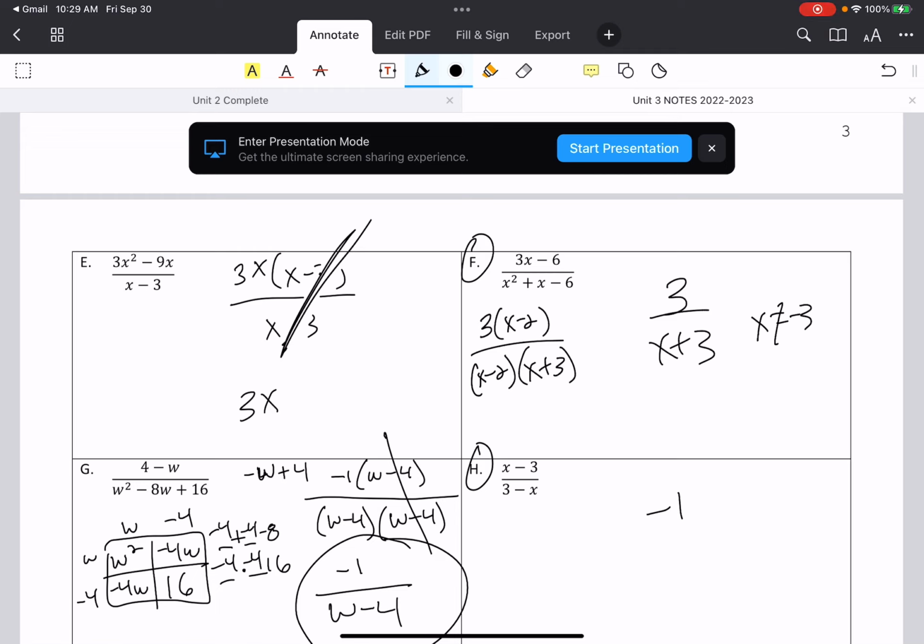The 0 divided by 0 also would have caused a problem, correct? So there's actually another excluded value on part F. Take a look at your papers, okay? There's one more excluded value that would create a 0 divided by 0 error on F.